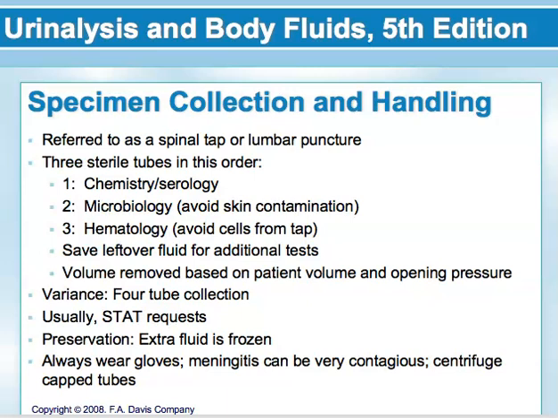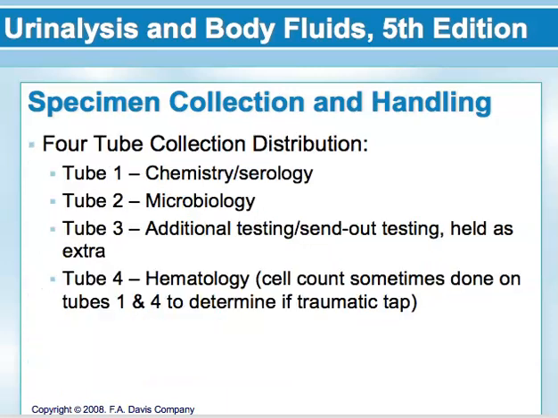The reason they want the cell count done on that last tube is to ensure that any cells present are not the result of a traumatic tap. Of course, you always want to wear gloves when handling spinal fluid, because meningitis can be very contagious. Any extra fluid that is left over after testing is complete should be frozen. And then here's that slide showing the 4-tube collection versus the 3.